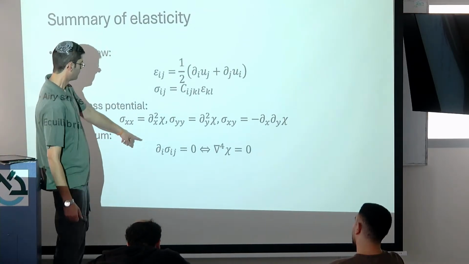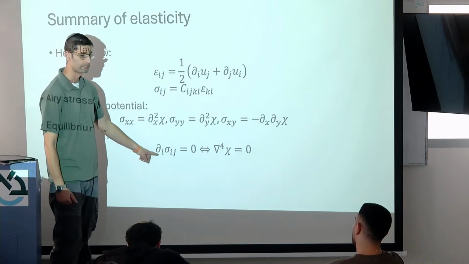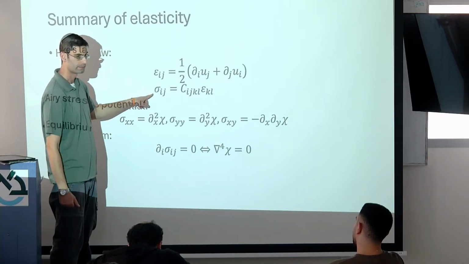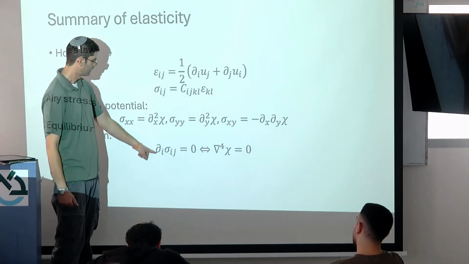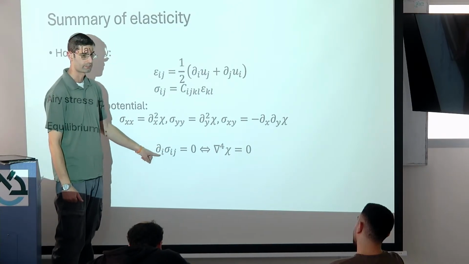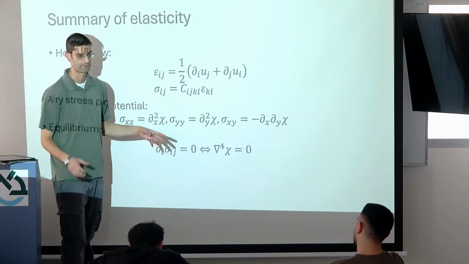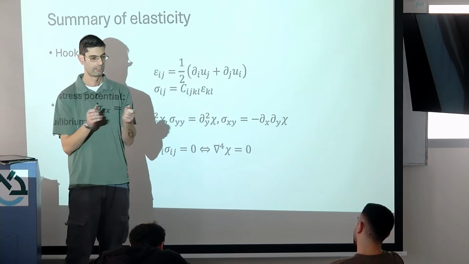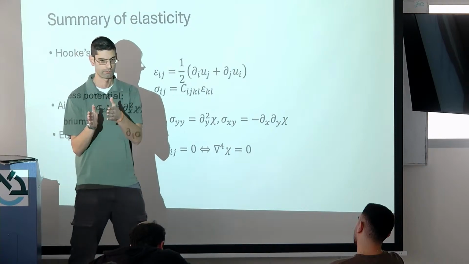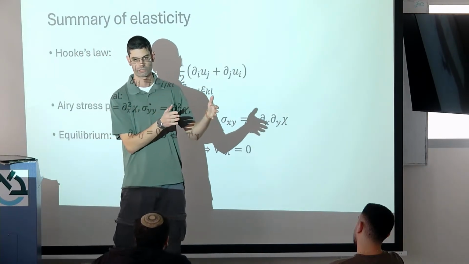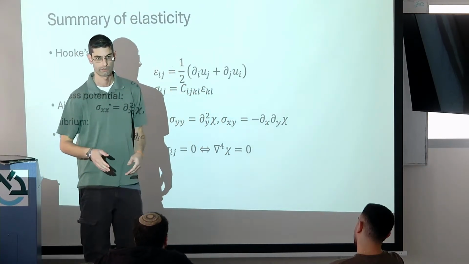Hooke's law tells us that if there aren't any external forces, sigma equals kx, so then the divergence of the stress tensor must equal 0. This is the same as saying that we're in equilibrium. The forces inside the material are in equilibrium. As I move through the material, the forces don't change, and that means that I'm in equilibrium.